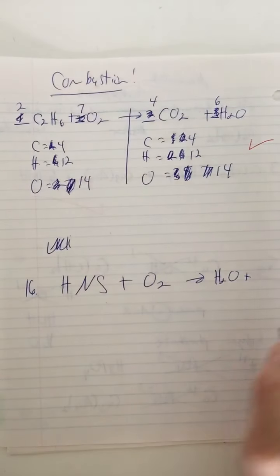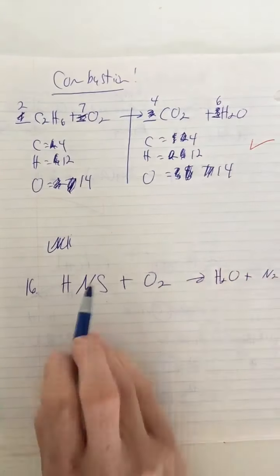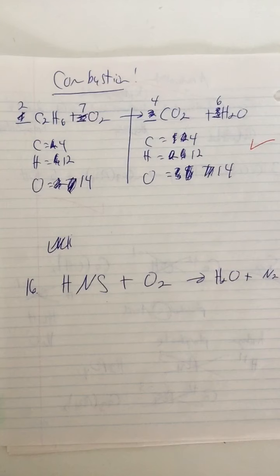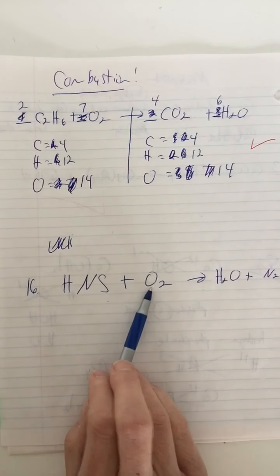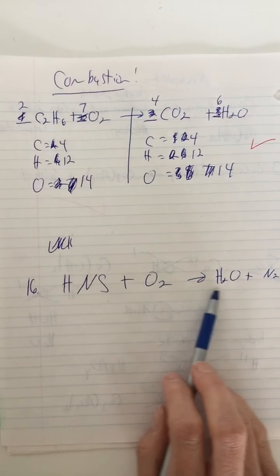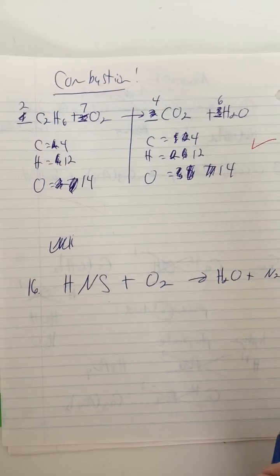We have an N in there, we get N2, which is by himself. And we had an S in there, we get SO2. When you know what the reactants are and it's a combustion, you use that cheat sheet and you end up getting all of these. So now we just got to balance it.